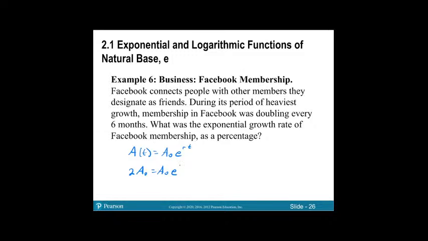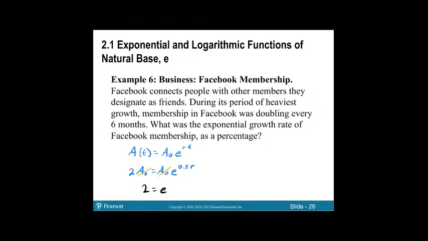So then we can divide both sides by the A naught. A naught is like the starting amount or our principal. So they essentially cancel in this case. So then we're going to have 2 equals e to the 0.5r.